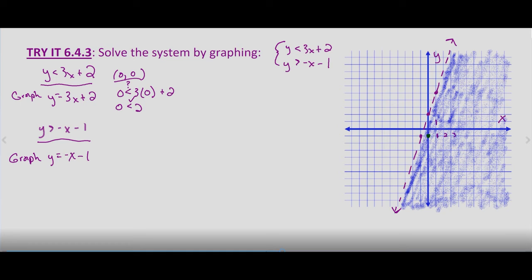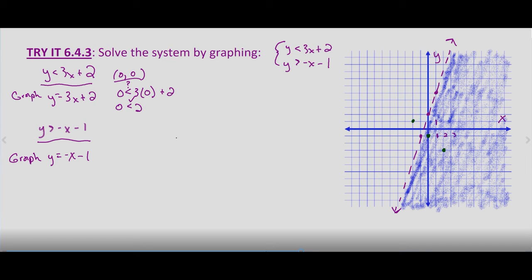So negative 2 minus 1 is negative 3. So (2, -3). 1, 2, 1, 2, 3. And let's go with negative 2. So negative negative 2, that's 2 minus 1 is 1. So (-2, 1).